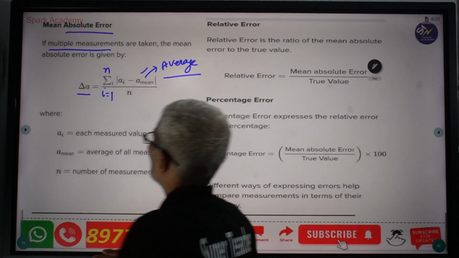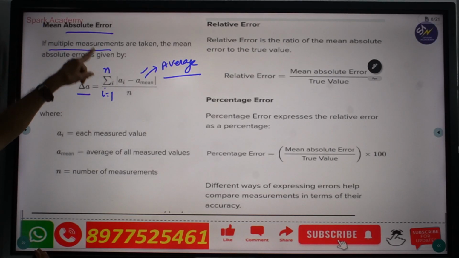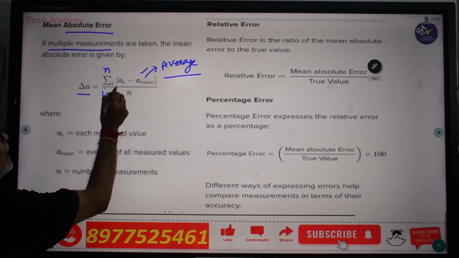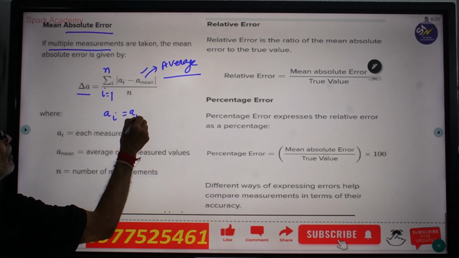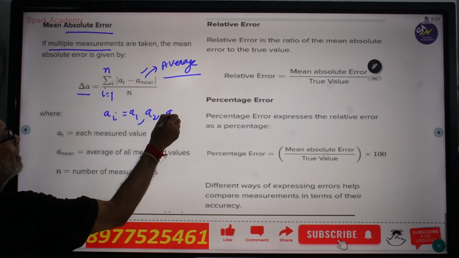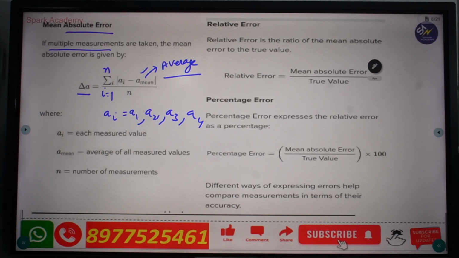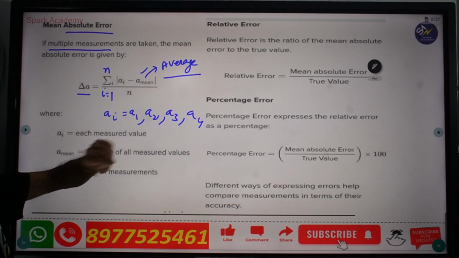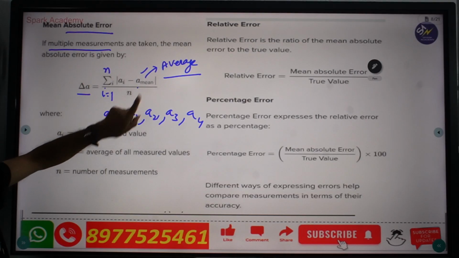Now, this is the formula for mean absolute error. What is mean absolute error? It is sigma i equal to 1 to n. A i can be A1, A2, A3 or A4. Suppose you have four observations. Then you find the average of A1, A2, A3, A4, which will be A mean.